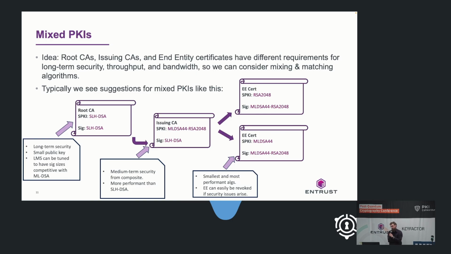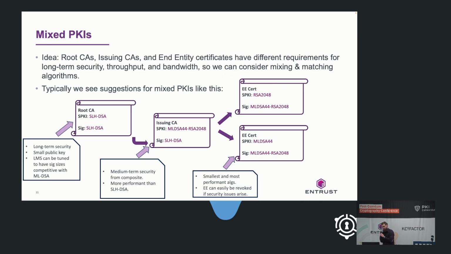This is the most common version we see. That gives you your extreme long-lived security on your root. Your root is typically not very active, so you're not typically caring about throughput on it. If you go with a stateful LMS or XMSS, you're not typically concerned about producing too many signatures and overrunning the counter. So hash-based makes sense for a root.